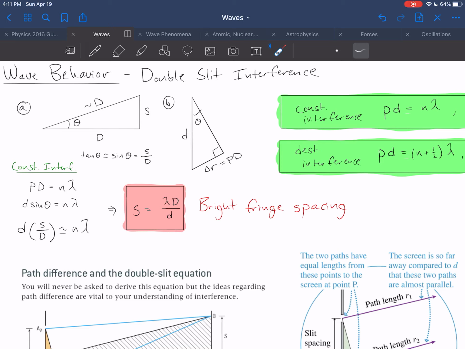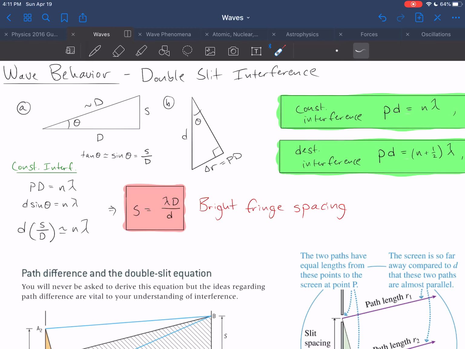And then we use the fact that sine theta is about equal to the fringe spacing divided by capital D, the distance to the screen. Therefore, d times s over big D is about equal to n lambda, which means that the fringe spacing in general is governed by this equation. Little s, the fringe spacing, is equal to lambda times big D over little d.